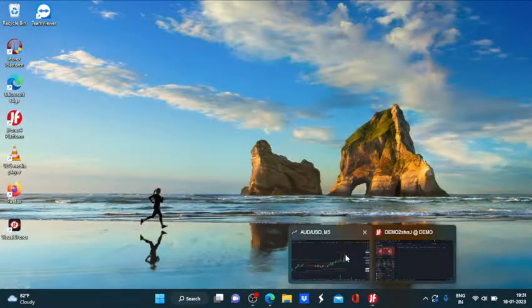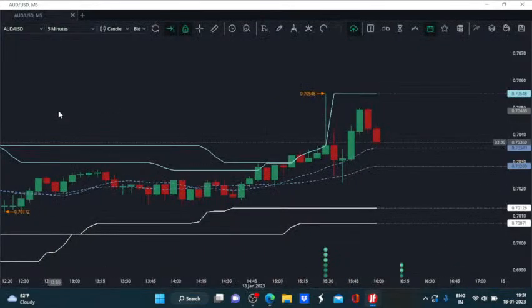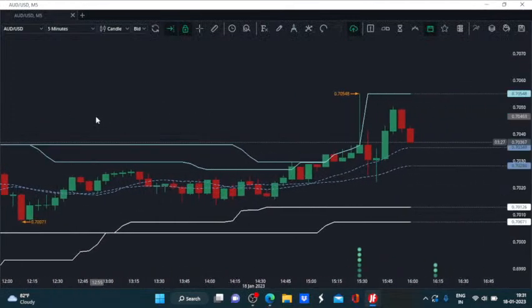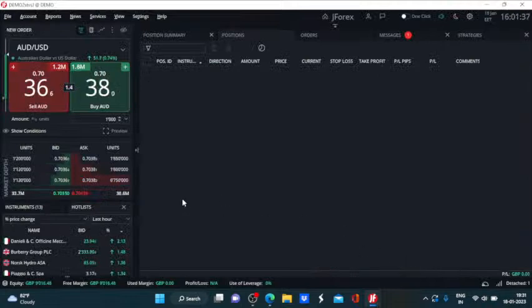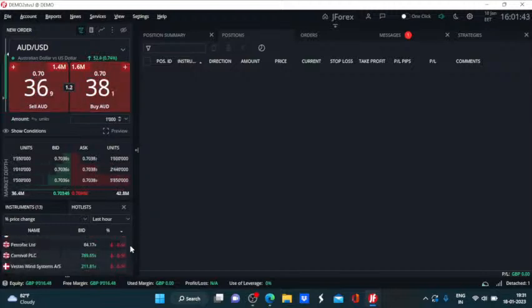So let us now head to the JForex 4, the newly released trading platform from the Dukascopy Bank SA. There was a new feature added to the platform recently, this hot list. In this list you get the stocks which are buzzing.